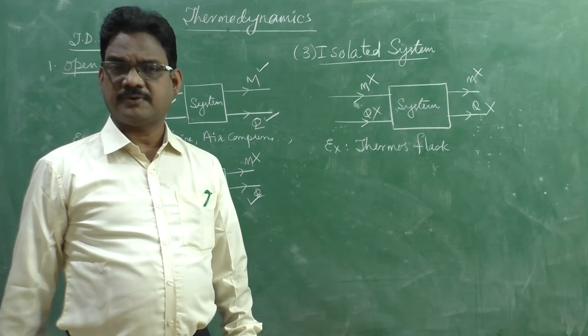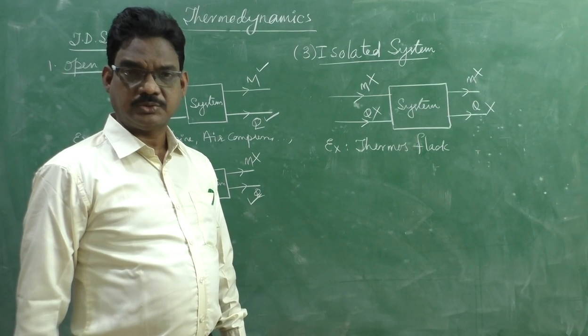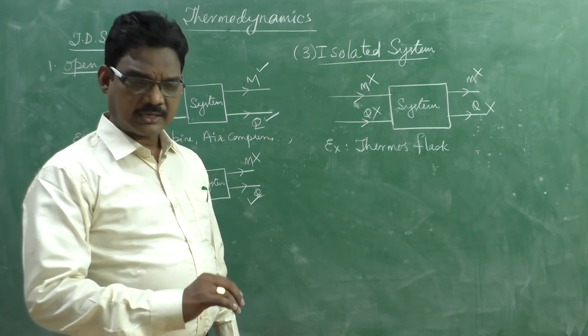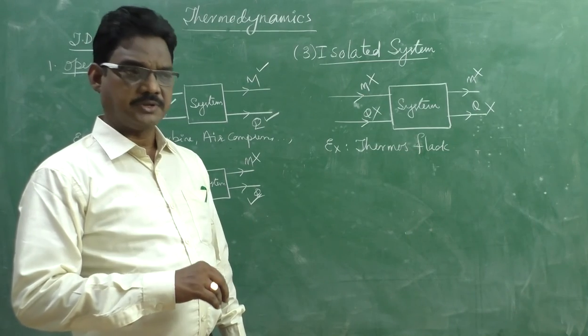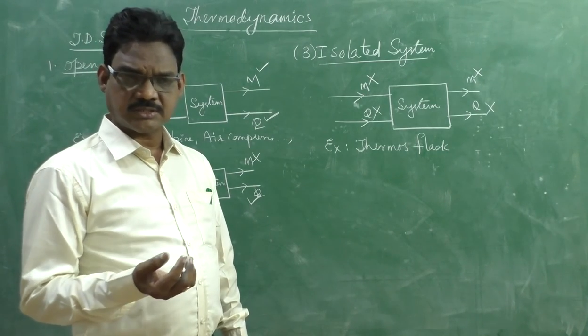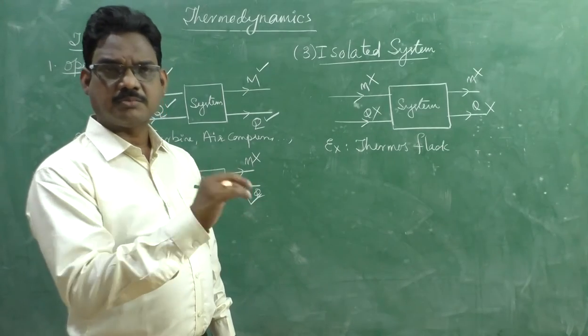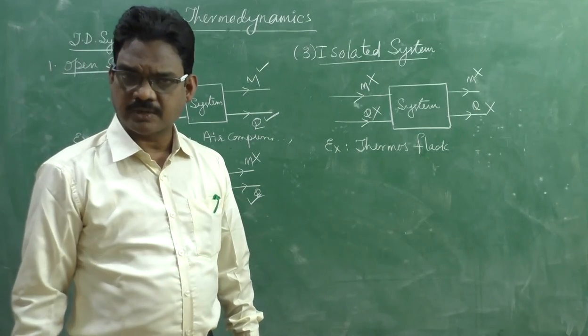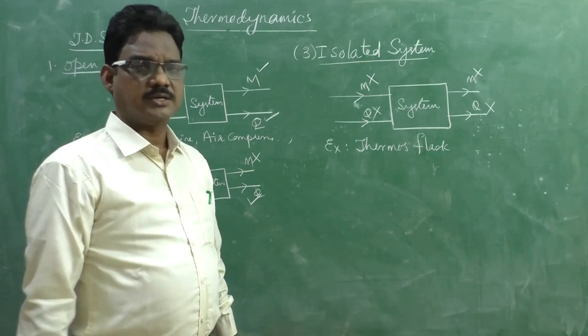Another example for the isolated system is the universe. Here, universe means a collective amount of system and surroundings. Wherever the heat or mass interactions are there, system to surroundings or surroundings to system, that may be transferred, but we consider it as a whole as one system.